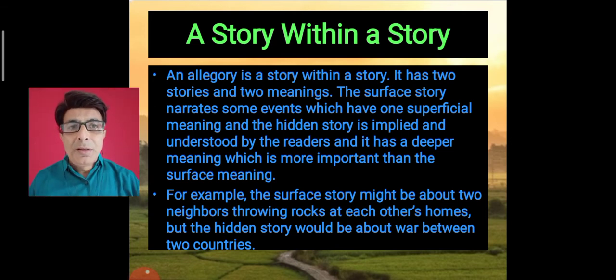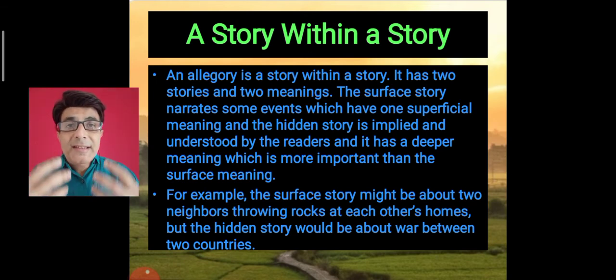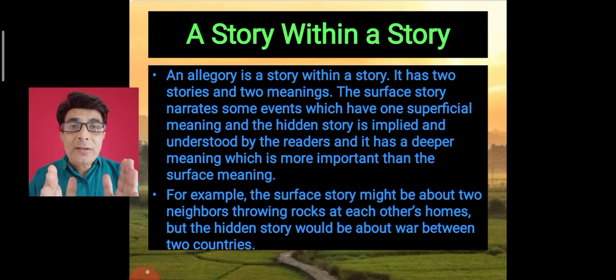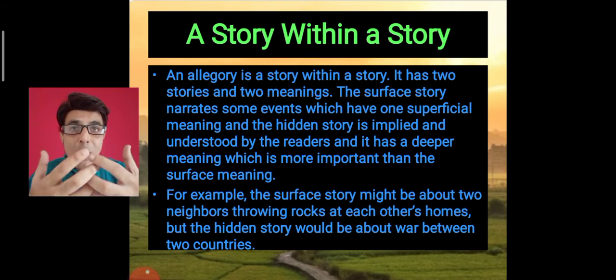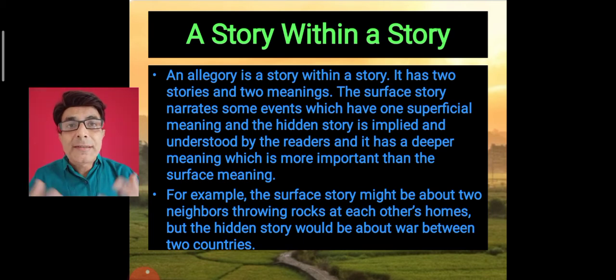Say, for example, the surface story might be about two neighbors. Just to understand this, I am giving you this example: two neighbors are throwing stones, throwing rocks at each other's homes. This is one story. But the hidden story, what we understand as readers, is that the author tries to present a war between two different countries, or a conflict between two different cultures.